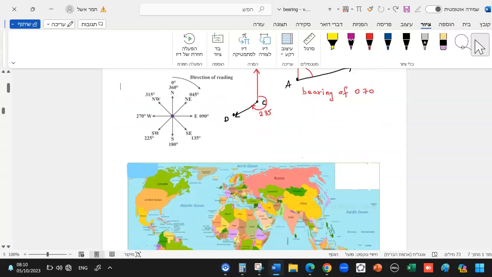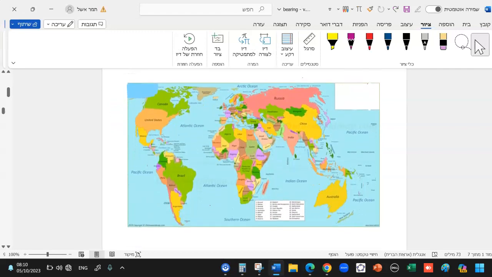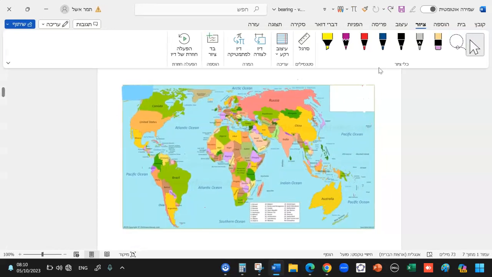Let's see another example. This is the map of the world, and say you are a captain of a ship and you want to sail from England to America, to Florida.